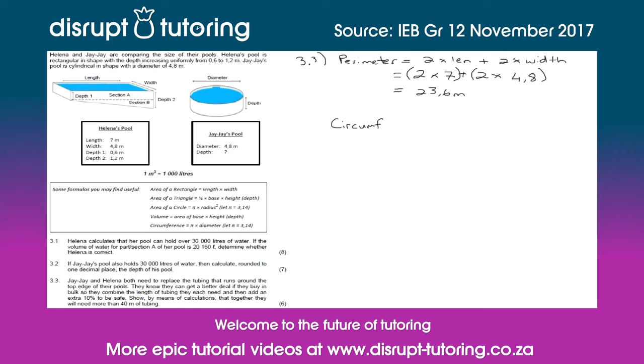Then we need to find the circumference of the pool, and they've told us that the formula for circumference is pi times your diameter. So circumference will equal pi times your diameter, which equals, I said we must use 3.14 as pi, and your diameter, they've told us, is 4,8 meters.